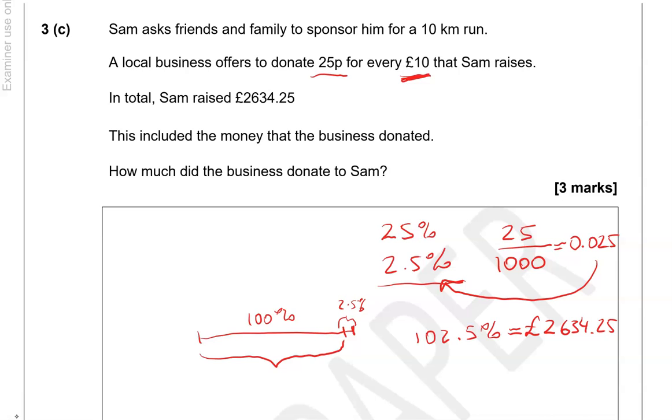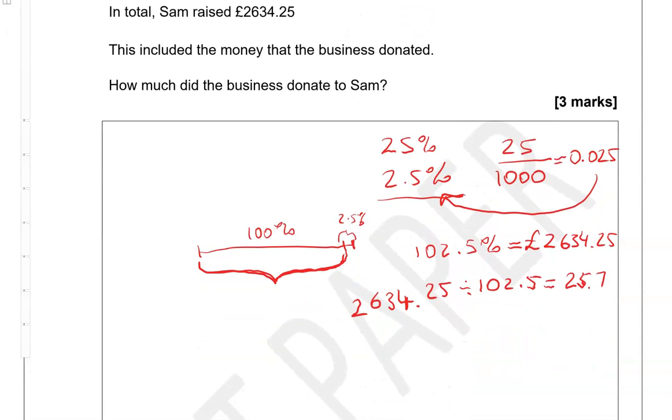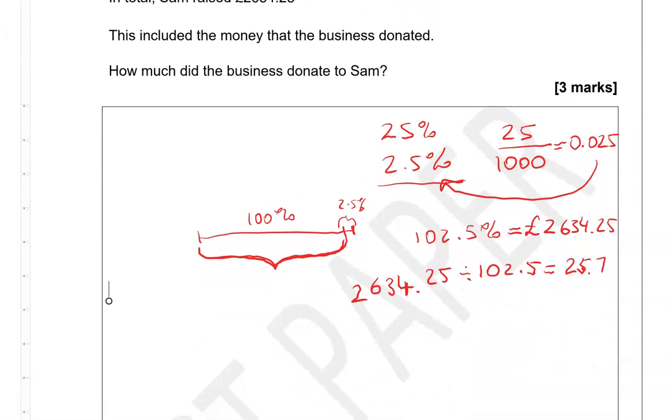So what we can do is work out what's 1% worth and then multiply it by 100 to get this amount that we are after. So 2634.25 divided by 102.5, and that gives us 25.7. So that's what 1% is equal to.